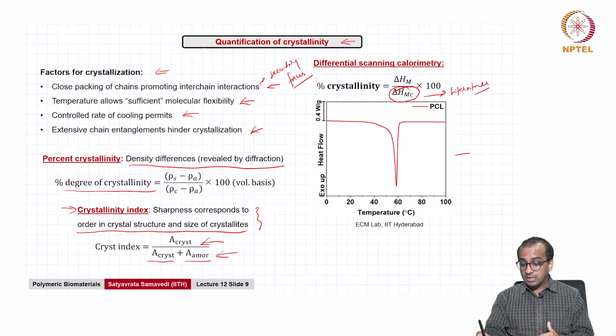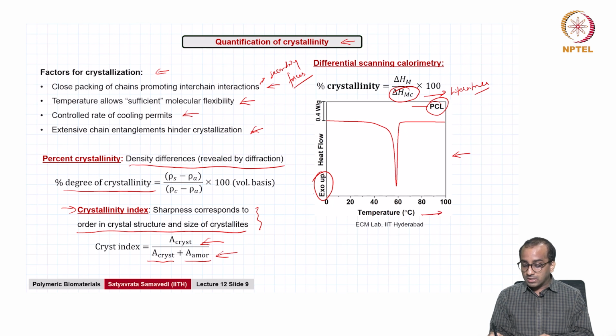Now, shown here is a thermogram of polycaprolactone, where first of all you see that it says exo is up, and that is a convention that we have used here. Exo can also be down depending upon the convention, but that has to be mentioned on the plot, otherwise it is not clear what kind of thermogram you are looking at.